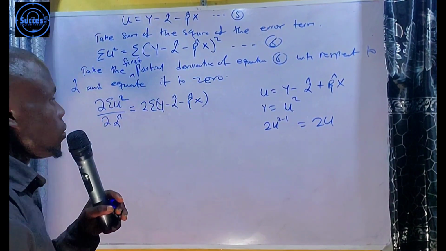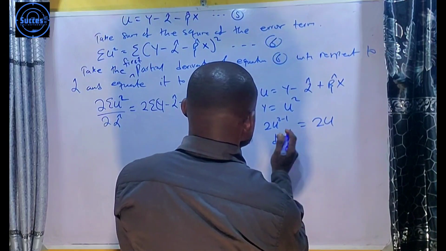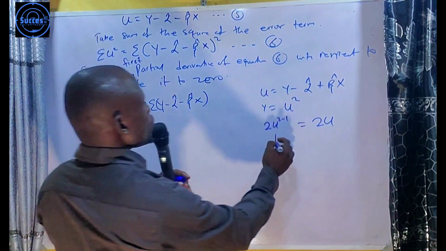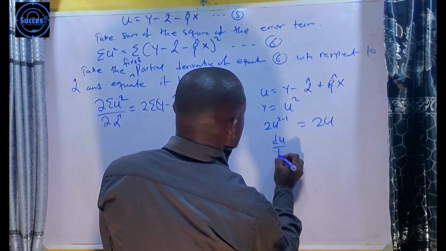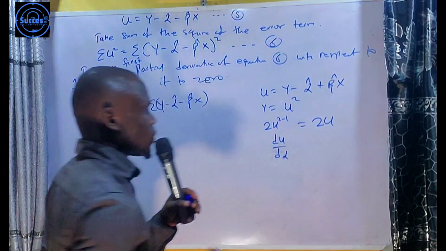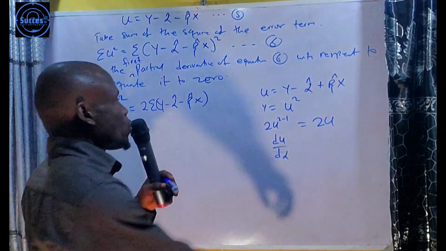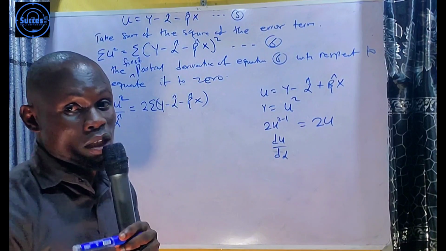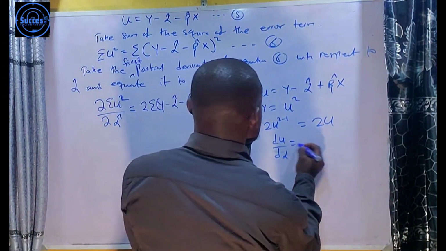All right, now the next one you are using is this du. So now you find du/d alpha, that is the derivative of this with respect to alpha. There is no alpha in y, so the derivative of a constant is 0.